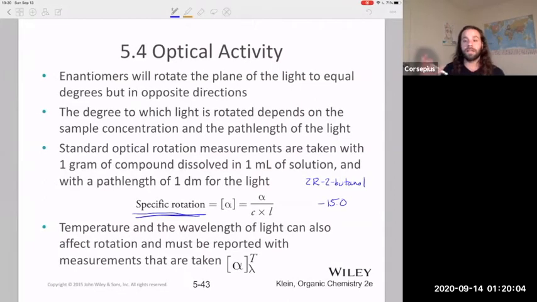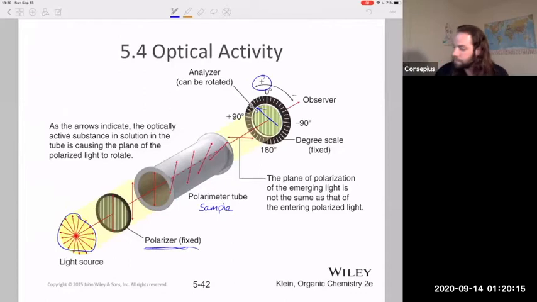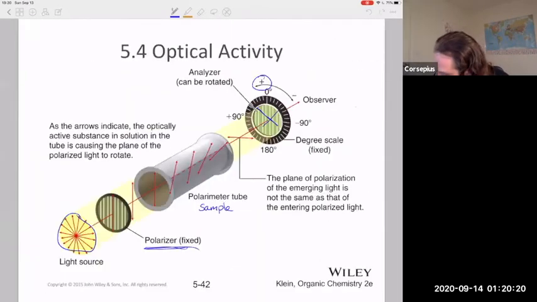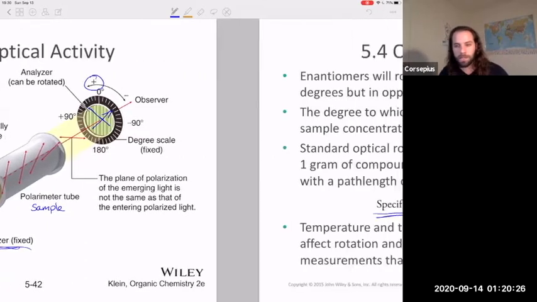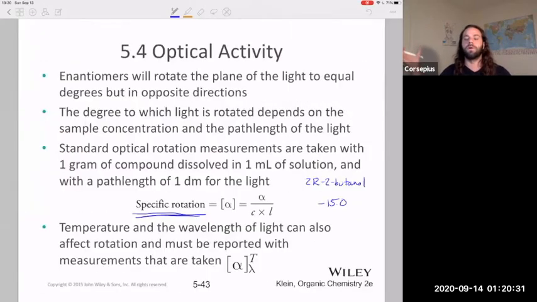Meaning that when you took that sample of pure 2R-2-butanol and put it in your polarimeter tube and did this experiment, it came out and it rotated that light in such a way that, did I say negative or positive? Okay, sorry, not to be confusing. This is the negative direction. It rotated that light in such a way, and then we can measure it, right? So that's this whole deal, is that most of our physical properties are identical for a set of enantiomers. This is one example of something that isn't.